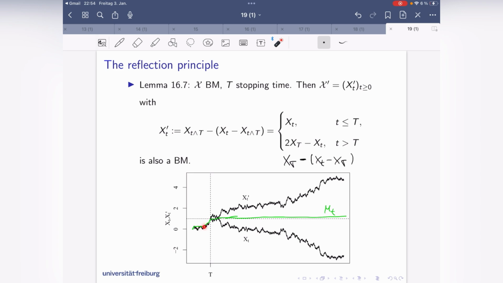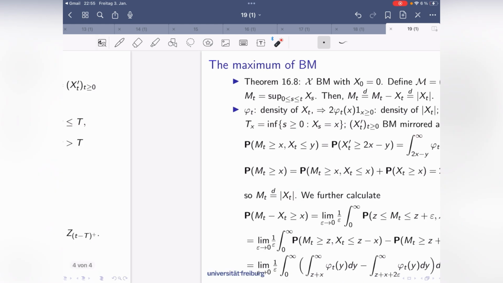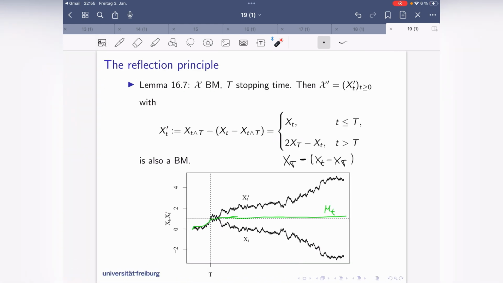We want to compute the distribution of the maximum. And the claim is that this maximum here has the same distribution as the absolute value of Xt. Well, the absolute value of Xt, this distribution, let's just mirror this path here. So at 0, everything which is below 0 goes to above 0, and that's the absolute value of Xt.